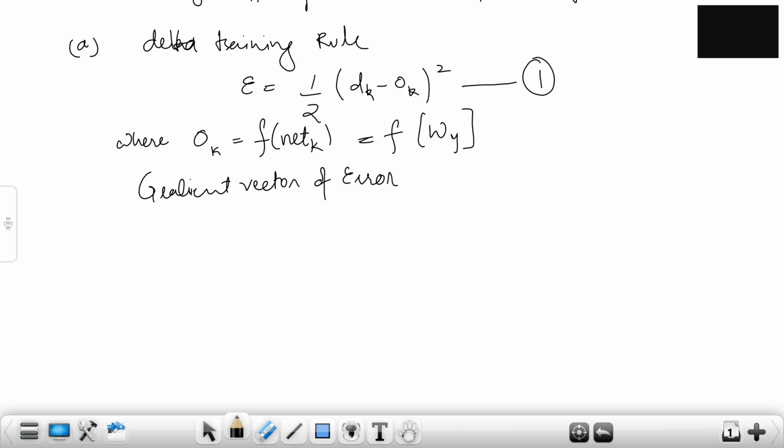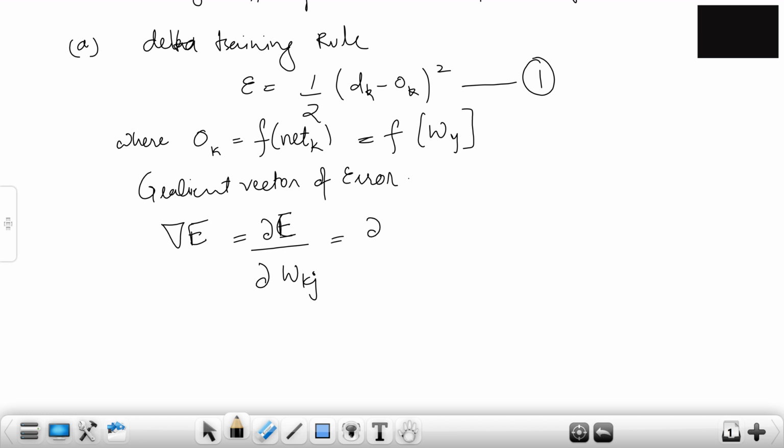Basically we are going to take the gradient of this error. So how do you take the gradient of error? Grad of E equals dow E upon dow WKJ.